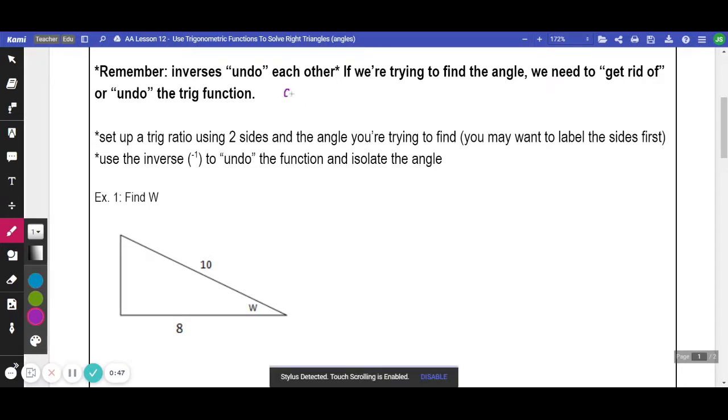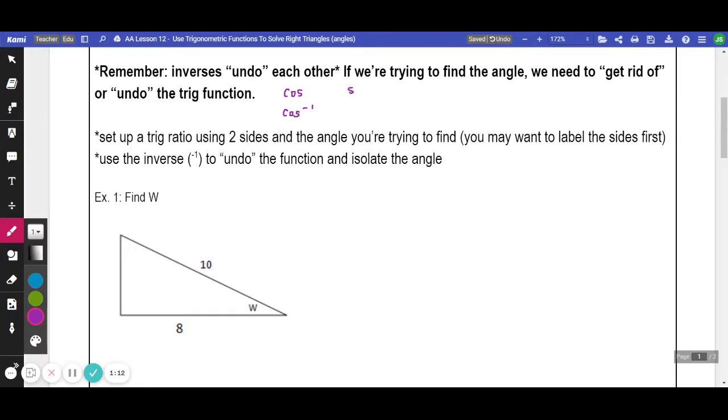So on your calculator, you have the cosine button, right? It's probably right up above it. Like most calculators, you hit shift and you'll see a cosine with a little -1 as an exponent. That's the inverse. So the inverse cosine cancels out a cosine in an equation.